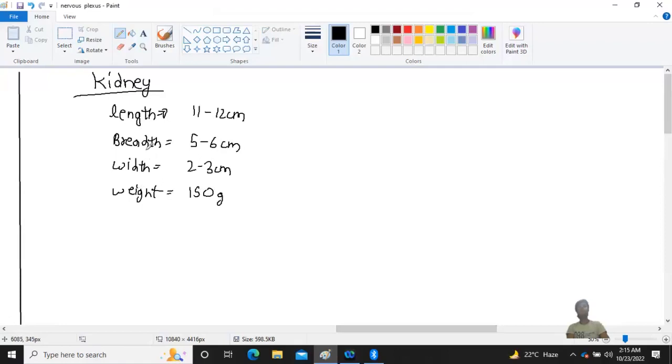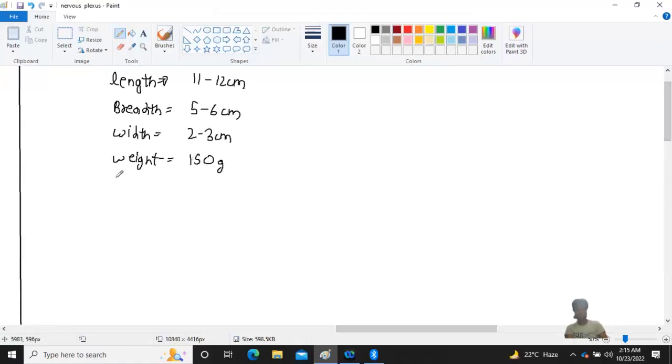Okay? So these are some points about it. Now shape, we know it as bean shaped. It is bean shaped.